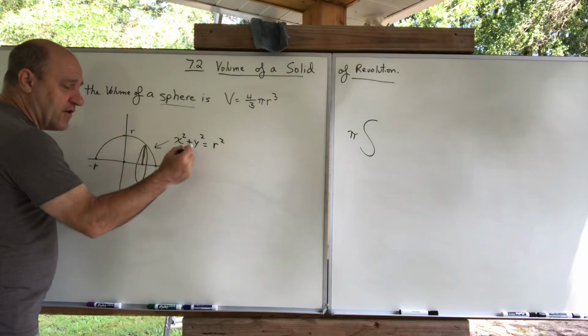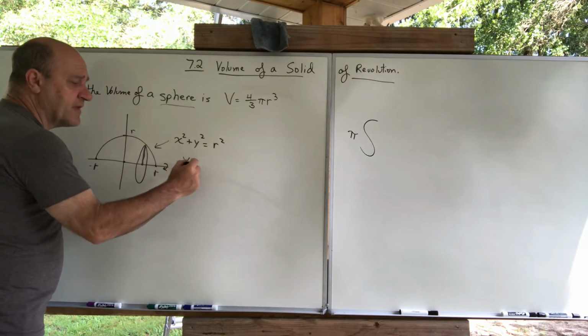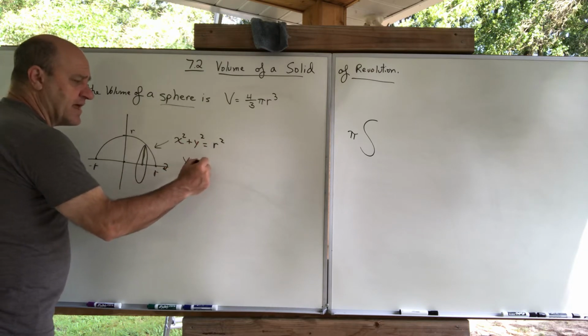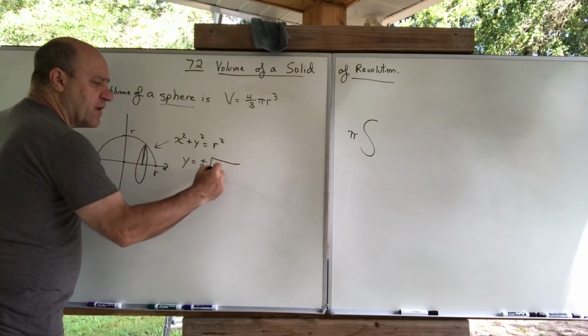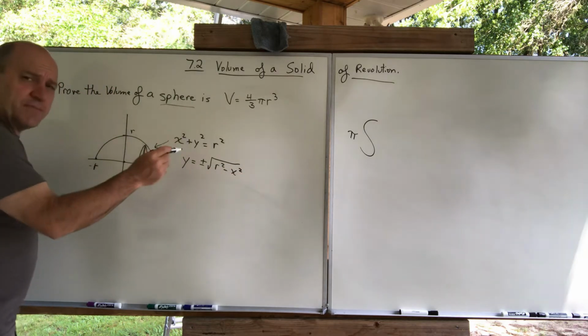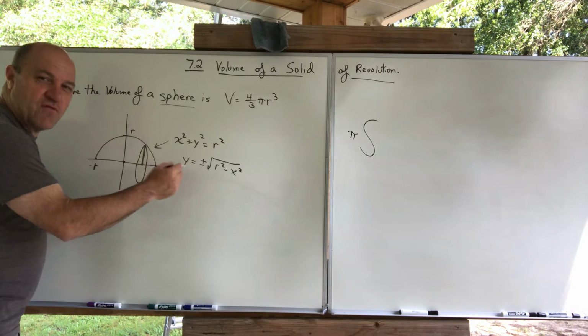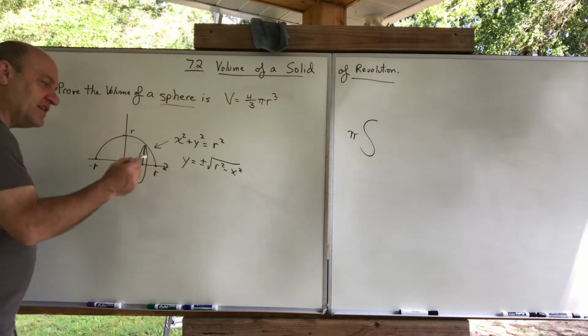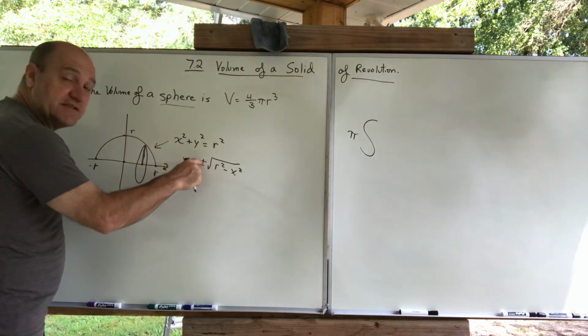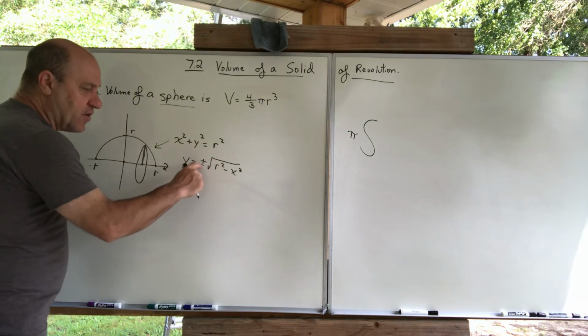Oh, it's the y value, so I should solve for y. If I solve for y, I move the x squared over and take the square root, and I get plus or minus the square root of r squared minus x squared. So that was my circle, and this is also my circle solved for y. I really just want that semicircle, and that upper semicircle is the positive square root, so I could ignore the negative.